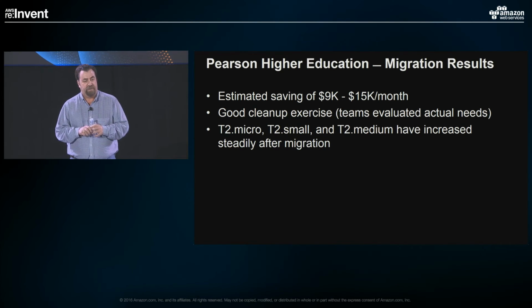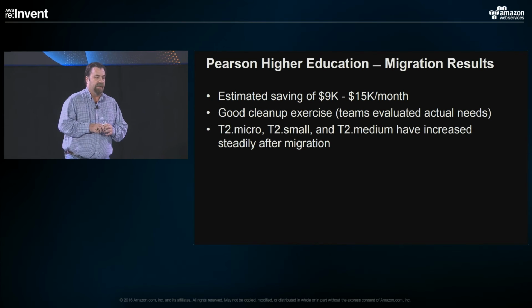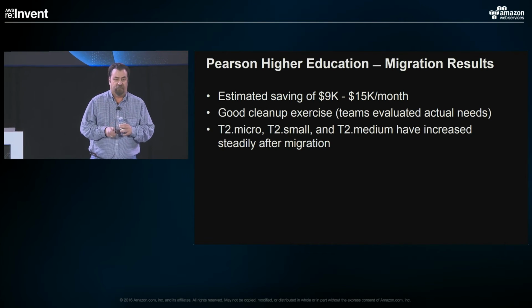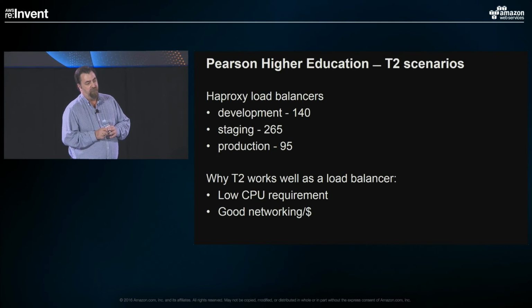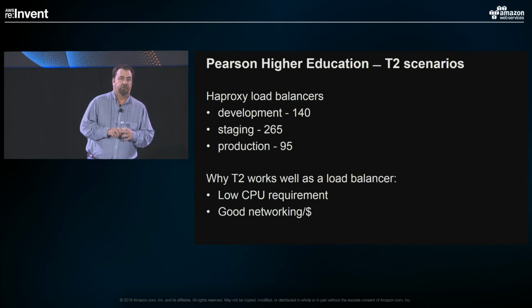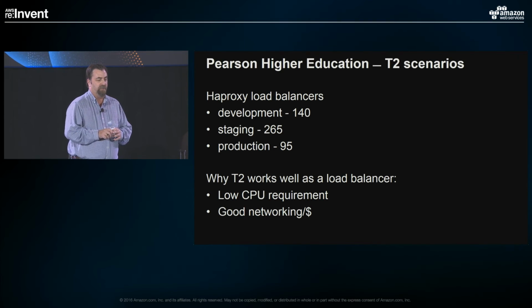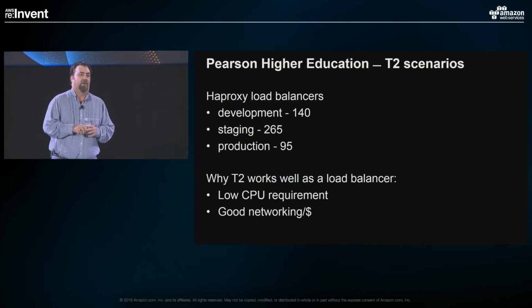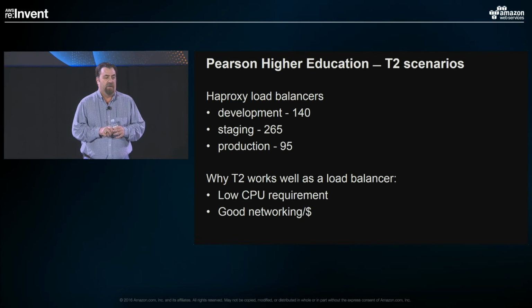And then, of course, as you can see here, the micros, smalls, and mediums have increased steadily even after migration. So, use cases. We had a couple of use cases where T2s were really big. One of them was our proxies, our HA and web proxy.